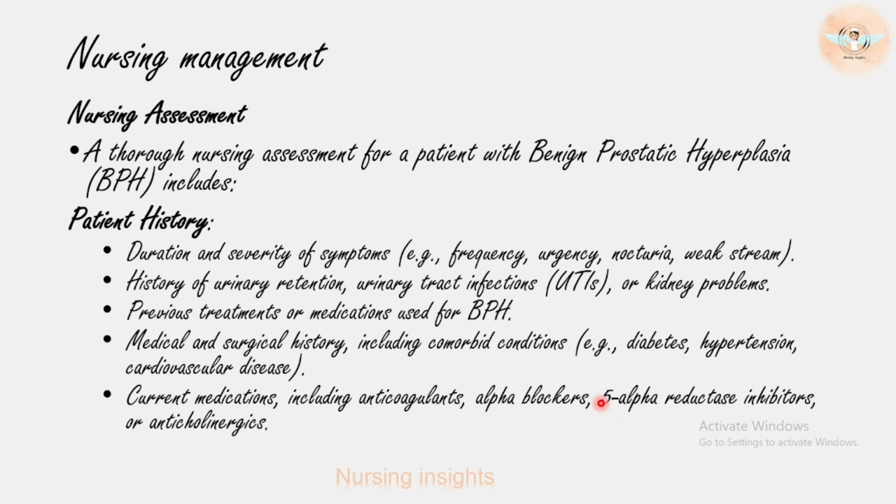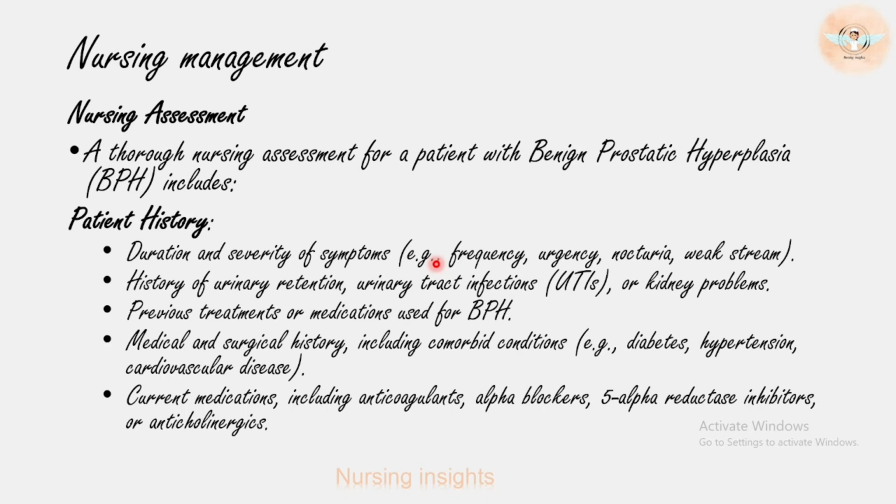We know the first thing as a nurse, we have to assess the patient. So, a thorough nursing assessment for the patient with benign prostatic hyperplasia includes, first, history collection. We have to collect the duration and severity of the symptoms, for example frequency, urgency, nocturia, weak stream.